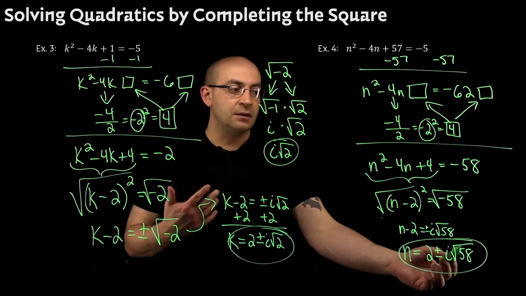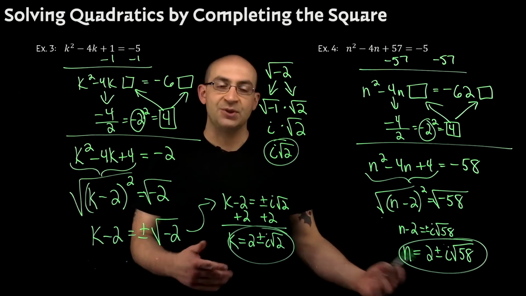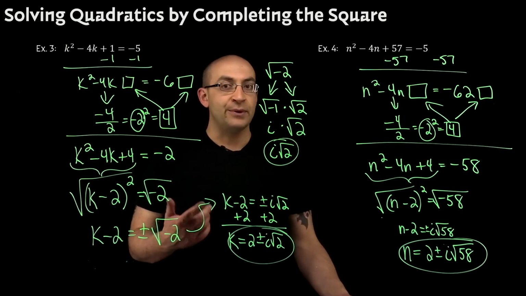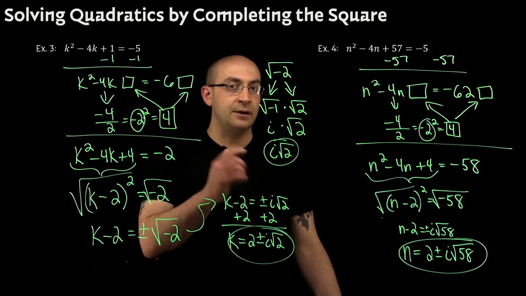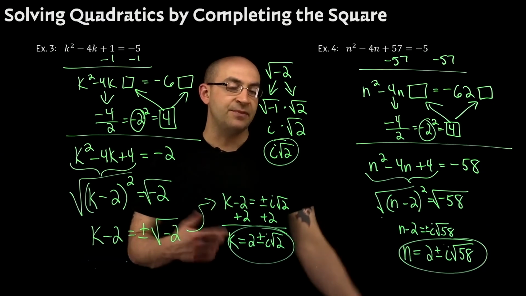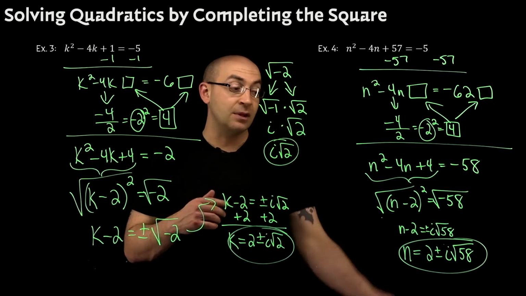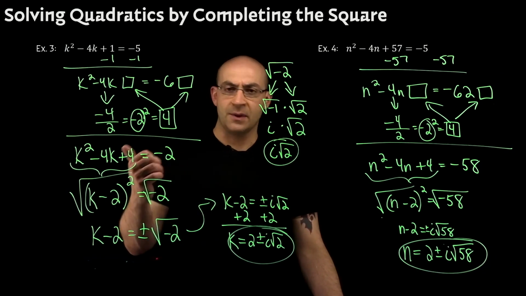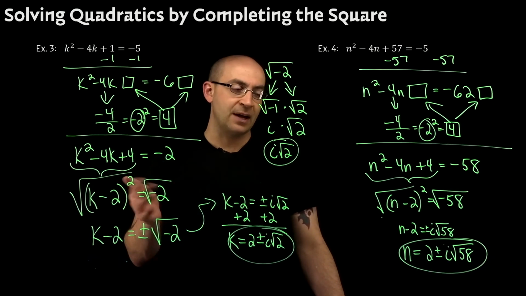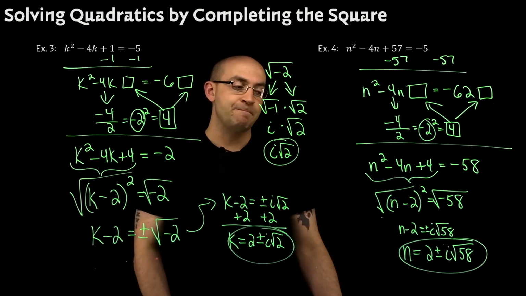Certainly, there are factors of 58. 2 times 29 is 58 for sure. But neither 2 nor 29 are perfect squares. When we simplify radicals, we've got to pull a perfect square out, or they are not simplifiable. 58 is not simplifiable. On the previous screen, 102 was not simplifiable. So we're going to be left with that.